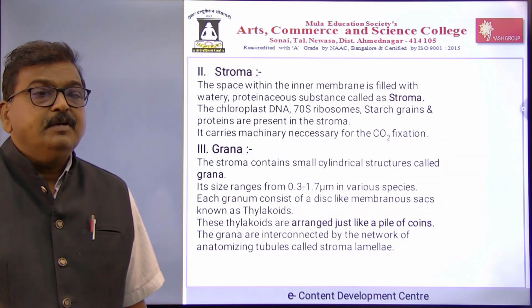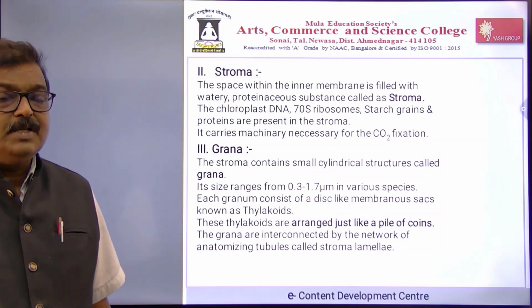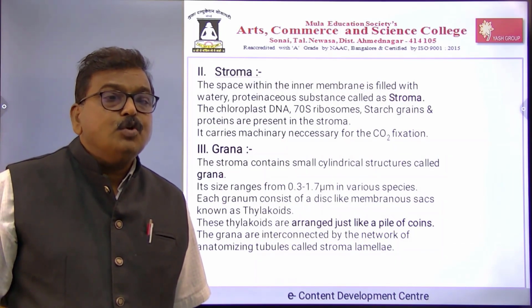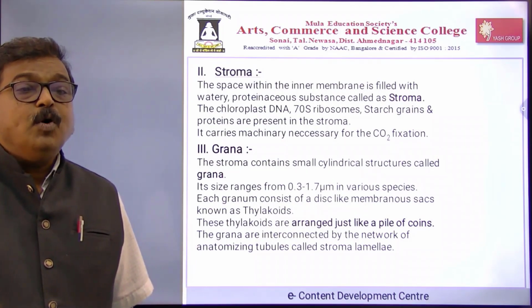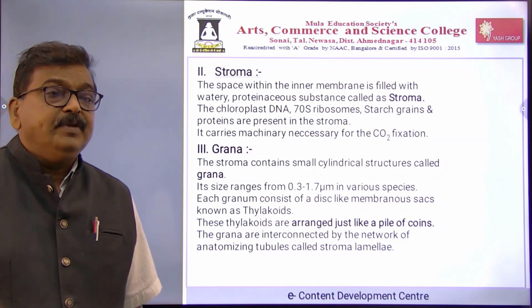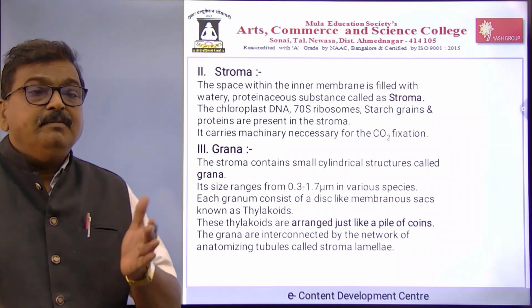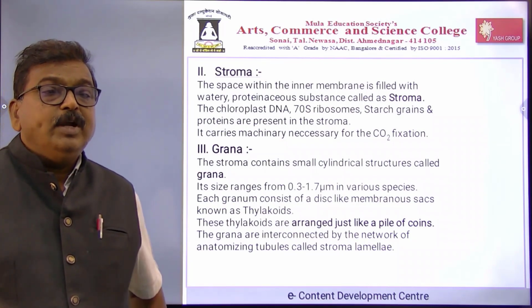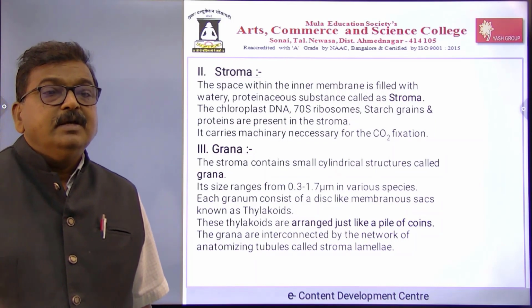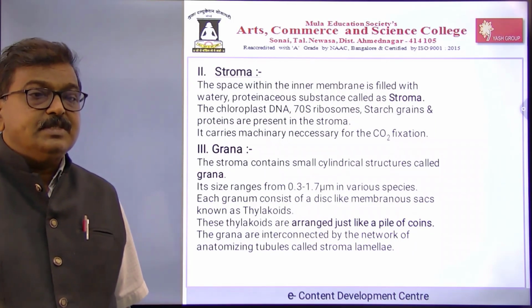Now, the third major part of the chloroplast, that is grana. The stroma contains small cylindrical structures known as grana. The size of grana ranges from 0.3 to 1.7 micrometer in various species.